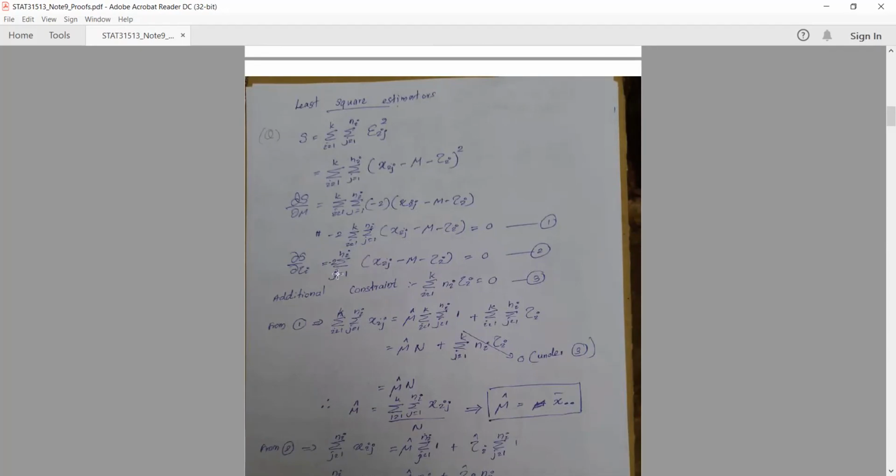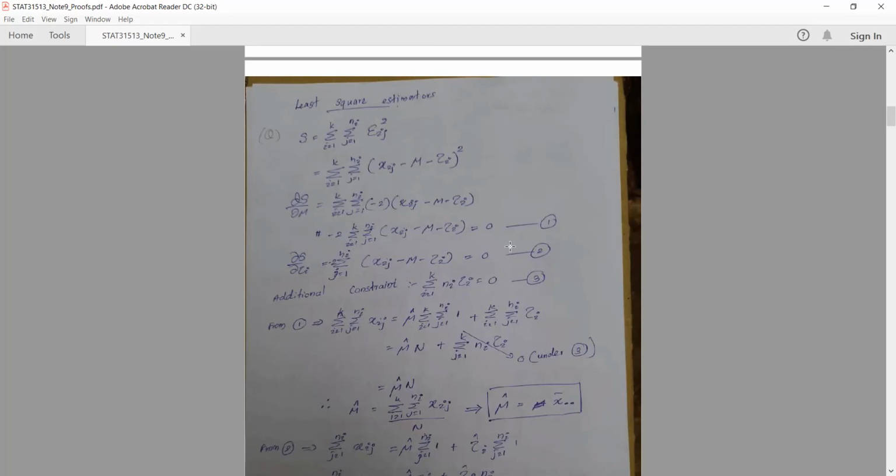So you have minus 2 times the term, and since tau has index i, here we can use only the index j. So j goes from 1 to ni, and that is equal to 0. We take that as our second equation. We can also take the additional constraint, that is the summation of ni tau i is equal to 0.